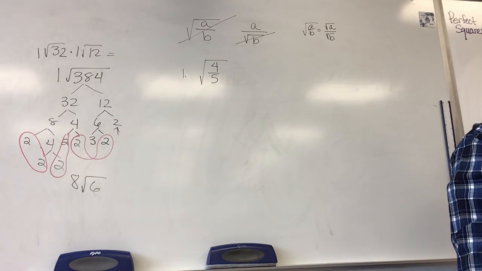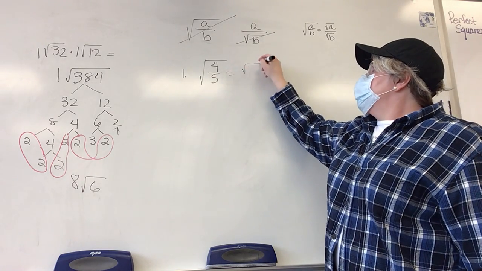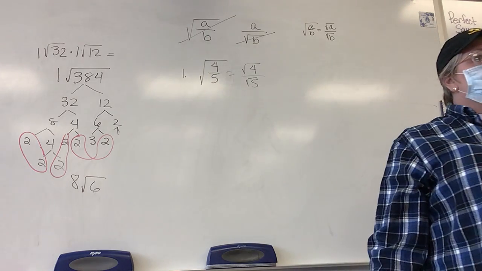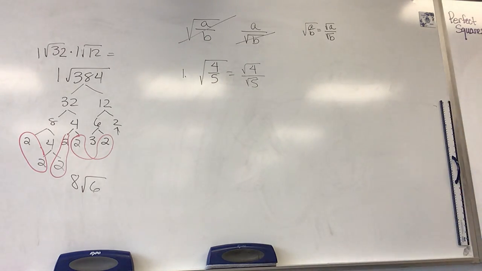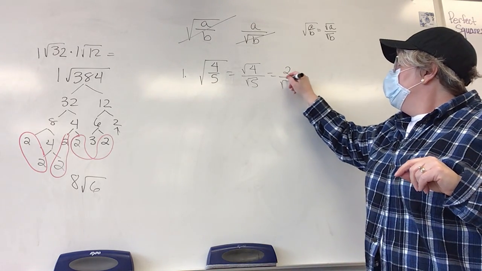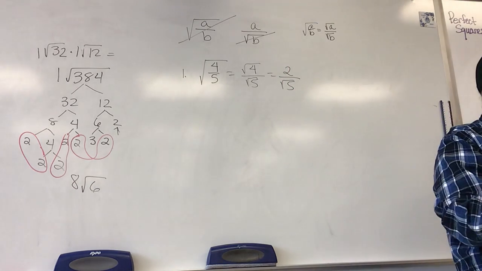Do you remember that? Okay. When you look at that fraction, the top is cool because the square root of 4 we already know. What's the square root of 4? So the top is really nice. But the bottom goes against rule number 2, that we can't have a radical on the bottom.